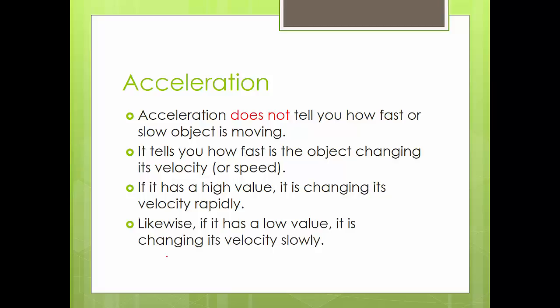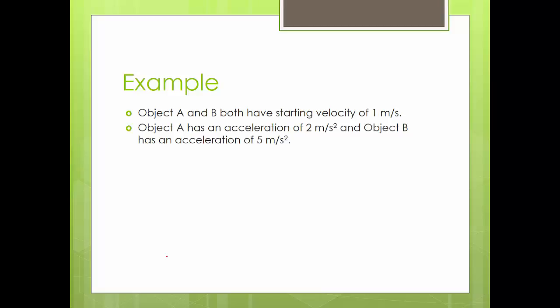What do I mean by that? I'll use the following table to help you understand. Let's say objects A and B have the same starting velocity of 1 meter per second, so they have the same speed. But A has an acceleration of 2 and B has an acceleration of 5.